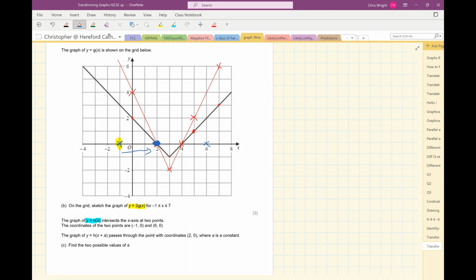Or it could be that this point, the point 6, 0, was moved 4 units to the left. So there's my two possible translations of the curve, which would end up with the curve passing through 2, 0.